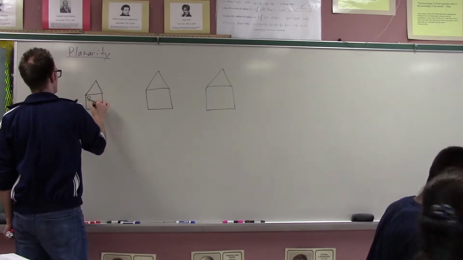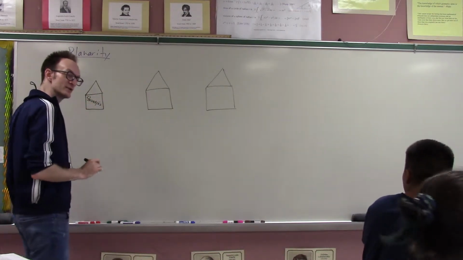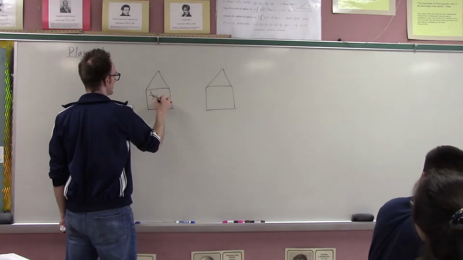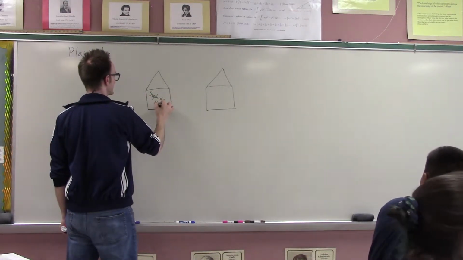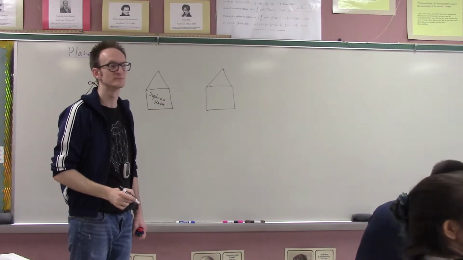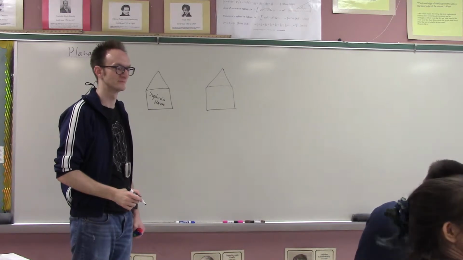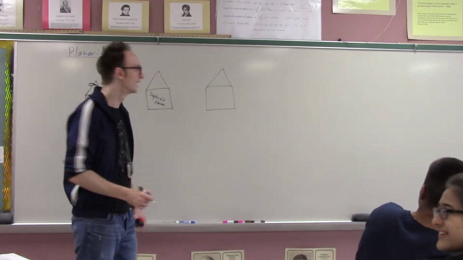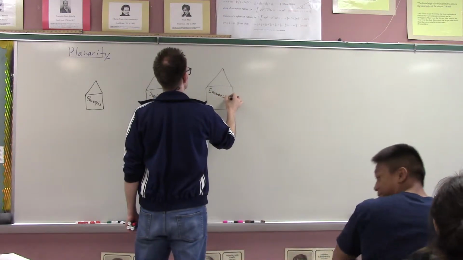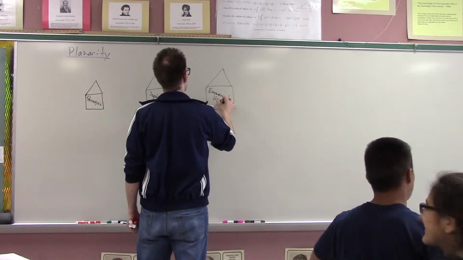This is Shreya's house. This is Sophia's house, the middle-sized house. And who's the other person? Evan, you want the big house? Big houses are stupid.